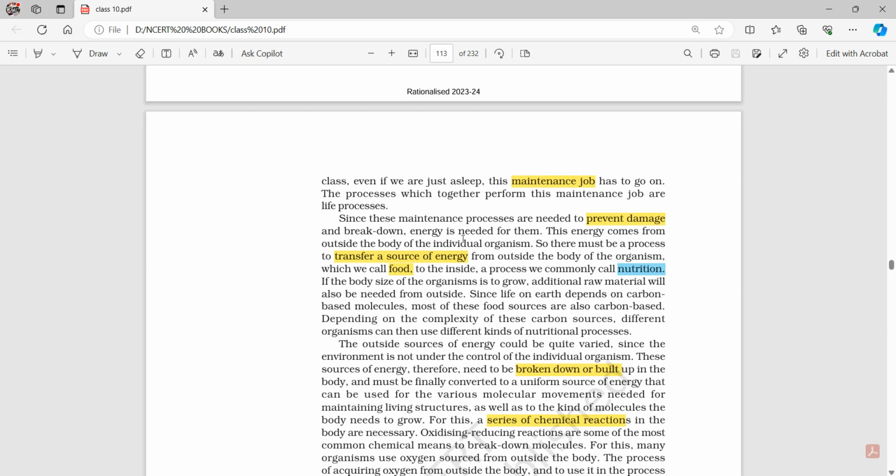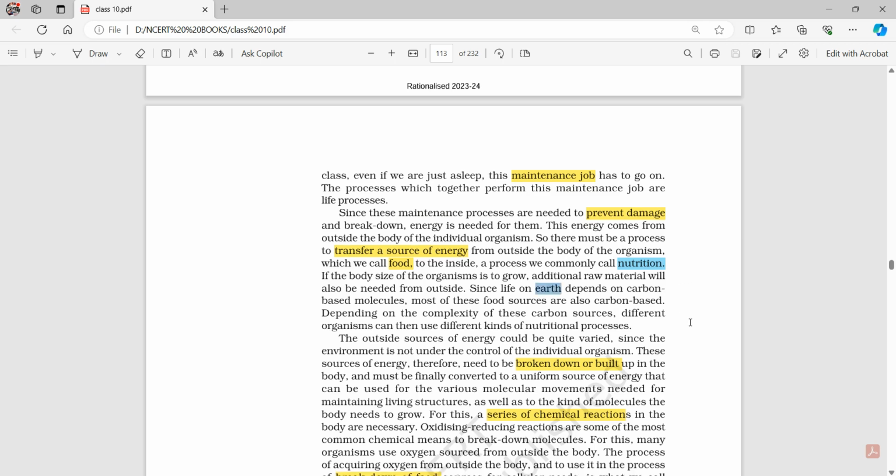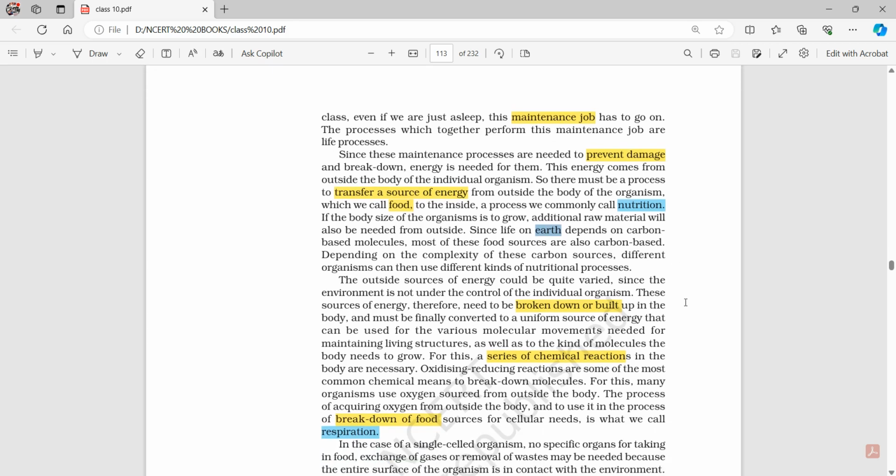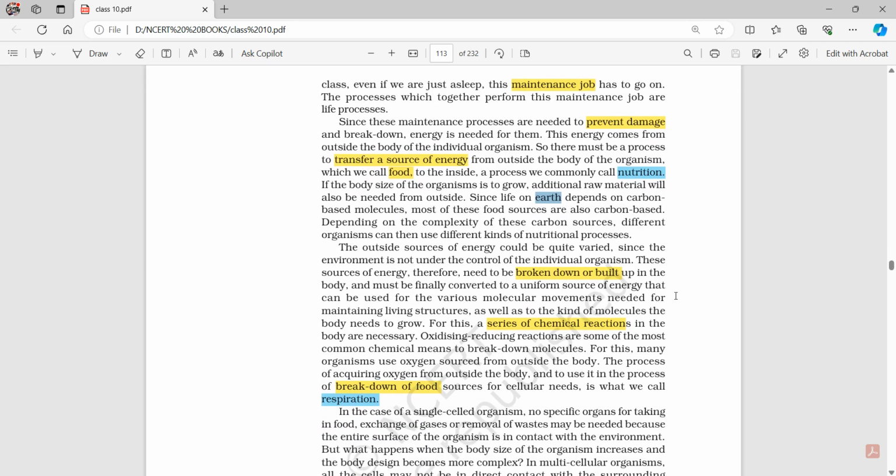Since these maintenance processes are needed to prevent damage and breakdown, energy is needed for them. This energy comes from outside the body of individual organisms. So, there must be a process to transfer a source of energy from outside the body of the organism, which we call food, to the inside, a process we commonly call nutrition.